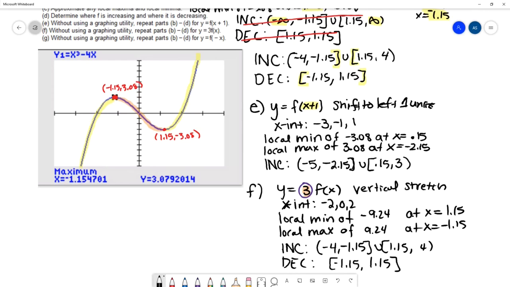So final one is y equals f of -x, and that is g. So we've got y equals f of -x. So the transformation that we're seeing here, multiplying by a negative, will do a horizontal reflection.